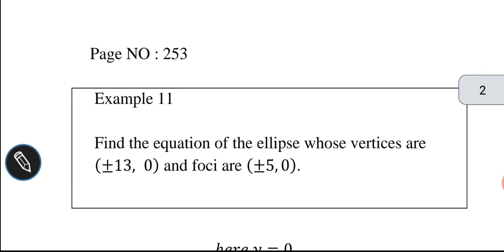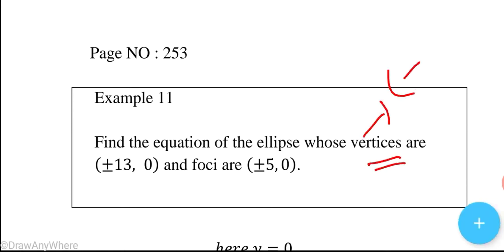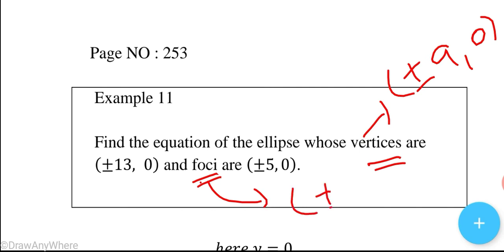Okay, find the equation of the ellipse whose vertices are plus or minus 13 comma 0 and foci are plus or minus 5 comma 0. For vertices we have the formula plus or minus a comma 0, and for foci we have plus or minus c comma 0.